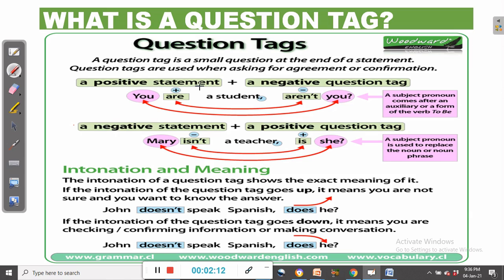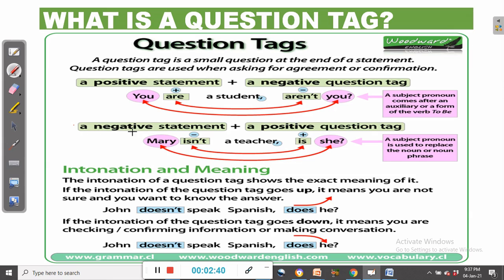You can have a positive statement plus a negative question tag. For instance, you are a student, aren't you? Alright, so in this case, you find a subject pronoun coming after an auxiliary or a form of the verb to be.